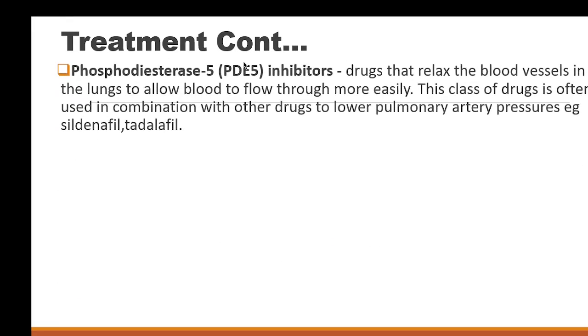Another treatment we have is phosphodiesterase 5 inhibitors. These drugs relax the blood vessels in the lungs to allow blood to flow through more easily. Because in pulmonary hypertension, we have a problem with our blood vessels, but when we use this drug, it will relax the blood vessels in the lungs, and this will allow blood to flow through more easily.